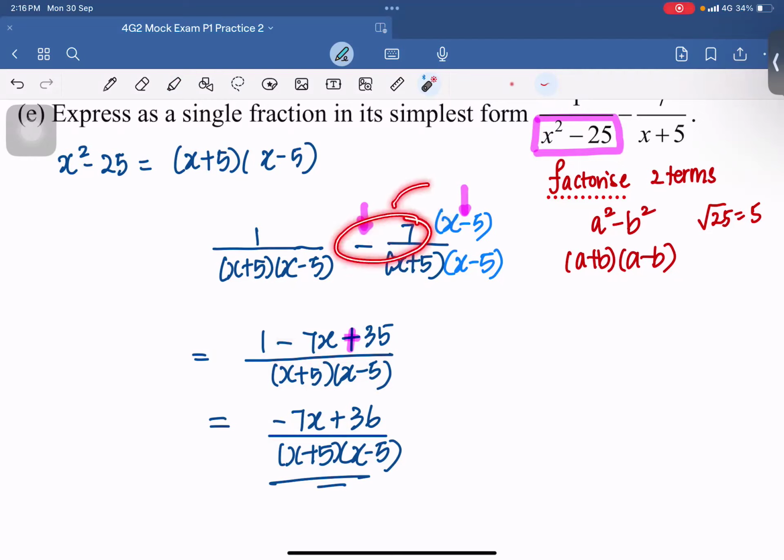Negative 7 times x. Negative 7 times negative 5 becomes positive 35. And then you simplify, you get the answer. So far, this is still doable, correct? Okay, just make sure you can recognize that pattern, that term.